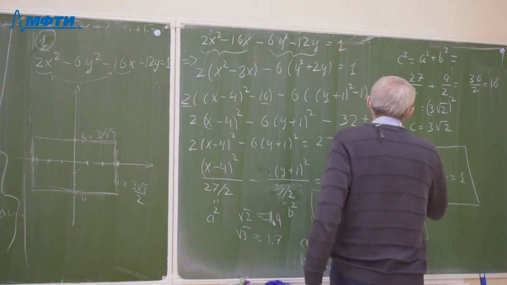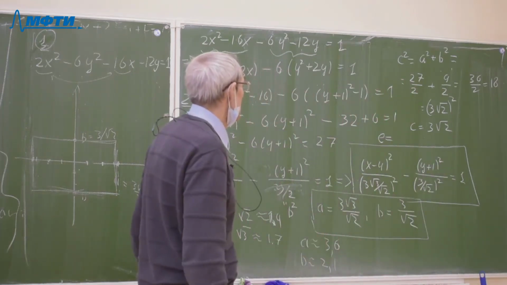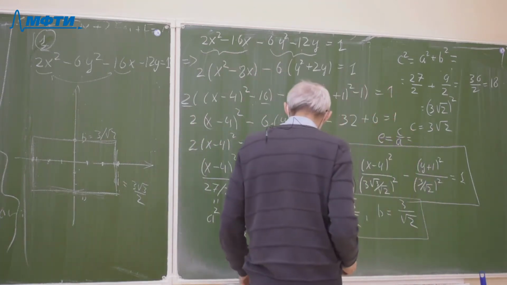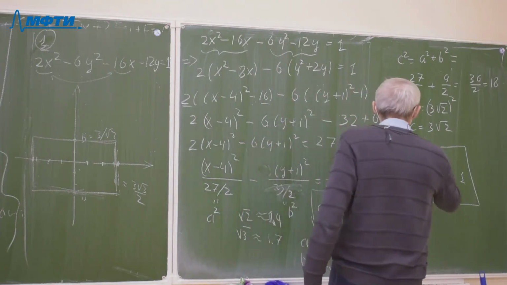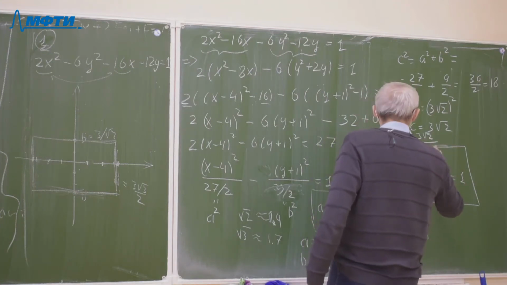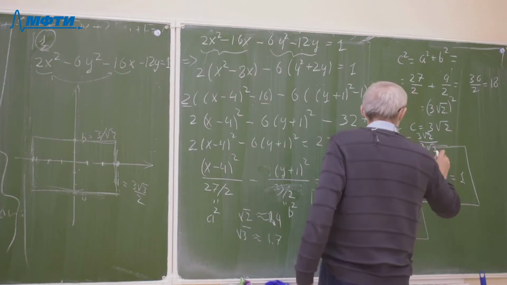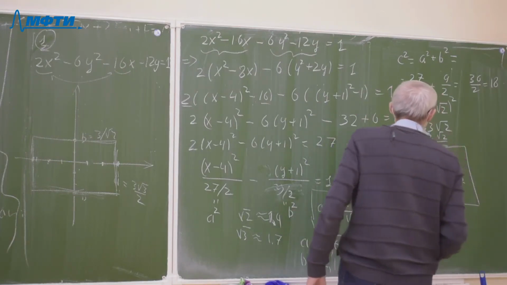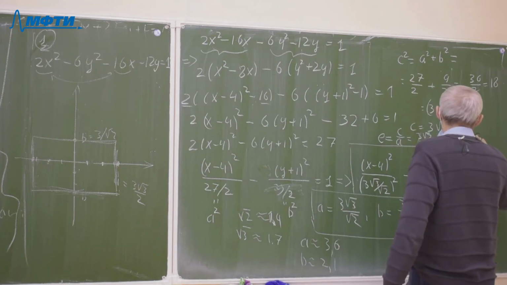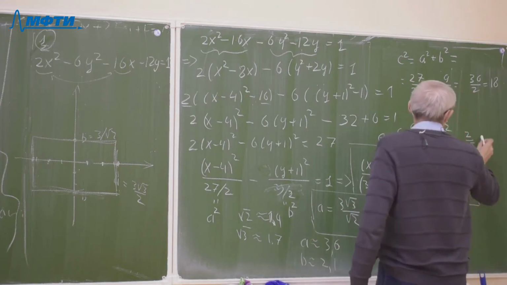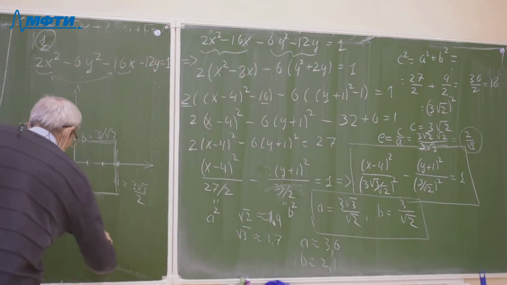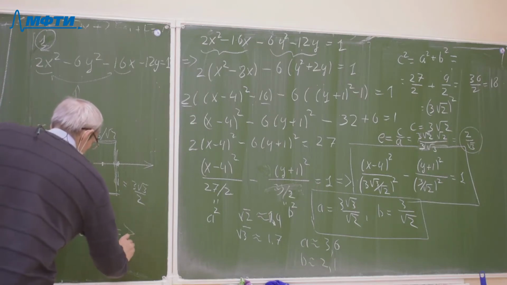And eccentricity is equal to the ratio c to a, and eccentricity is equal to the ratio 2 root 3.